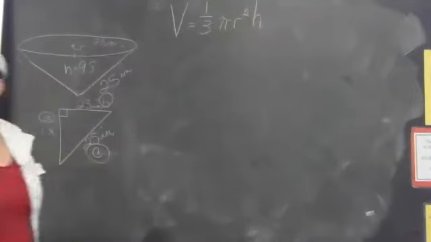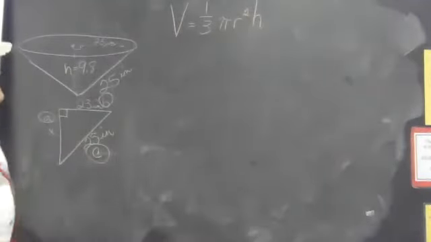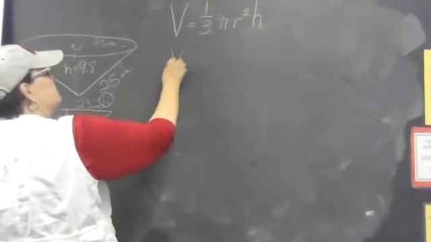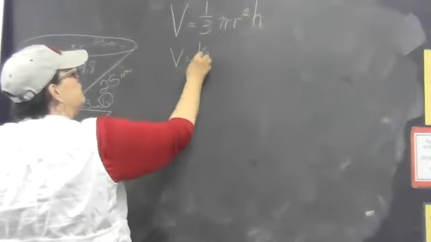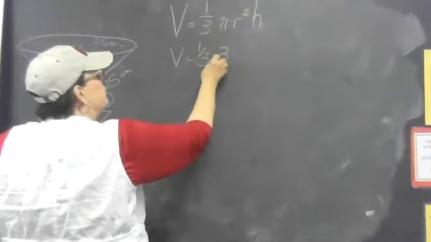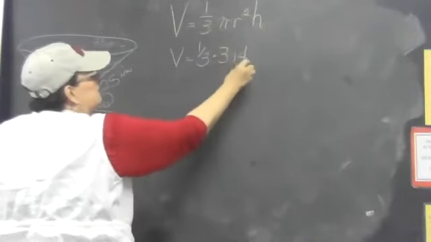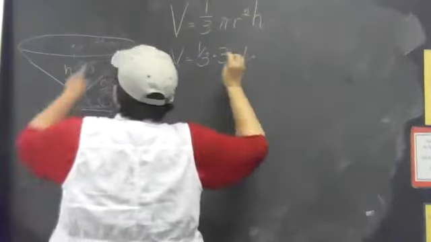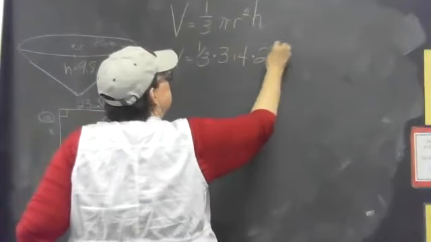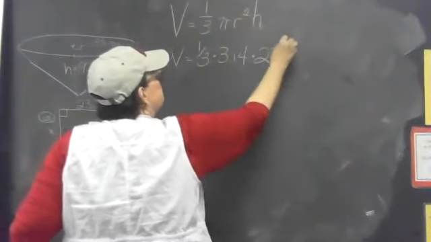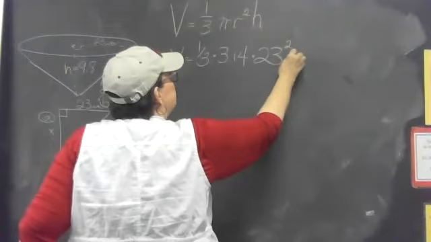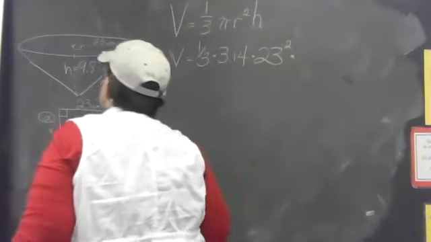So we're going to fill it in again because I erased it. So volume equals 1/3 times 3.14 times r, we said was 23, and it says to square it, times, now we know what our h is.